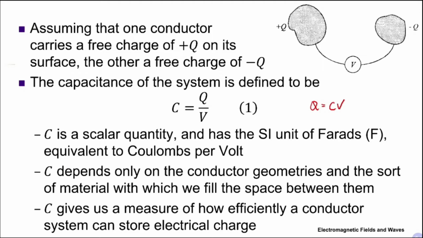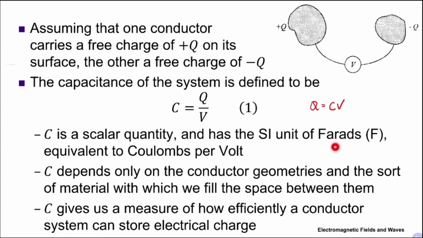This might be the equation that you have come across previously. So Q equals CV or C equals Q over V. The capacitance is a scalar quantity, since charge is a scalar and the potential difference is also a scalar.